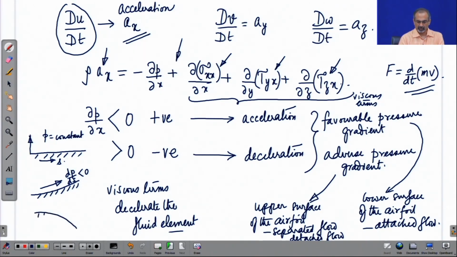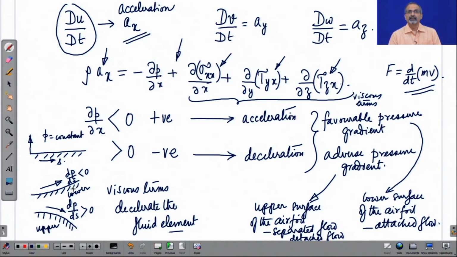A sloping down, on the other hand, is going to lead to an adverse pressure gradient, which is bad for the flow. And now you recall that this is what was happening on the lower side and this was happening on the upper side of the airfoil.